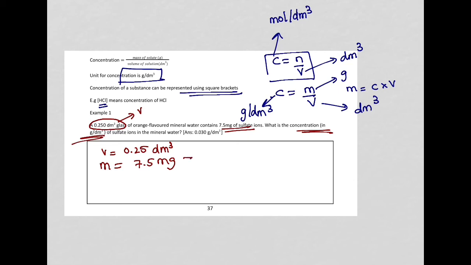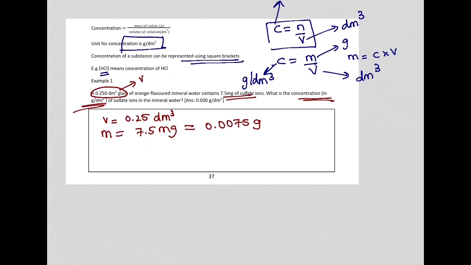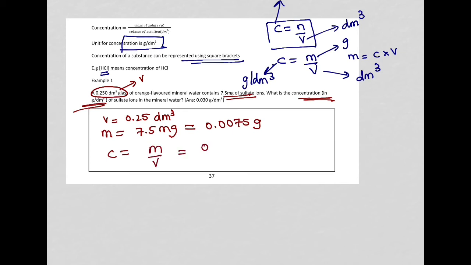So we'll convert milligrams to grams, which is divided by 1,000. And from this, we can find concentration, which is mass per unit volume. So this divided by the volume. And you get the answer in gram per dm cube.